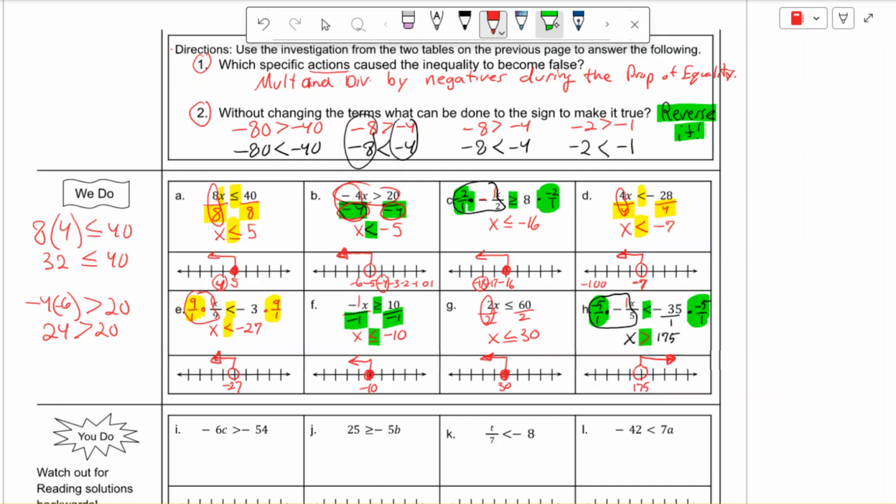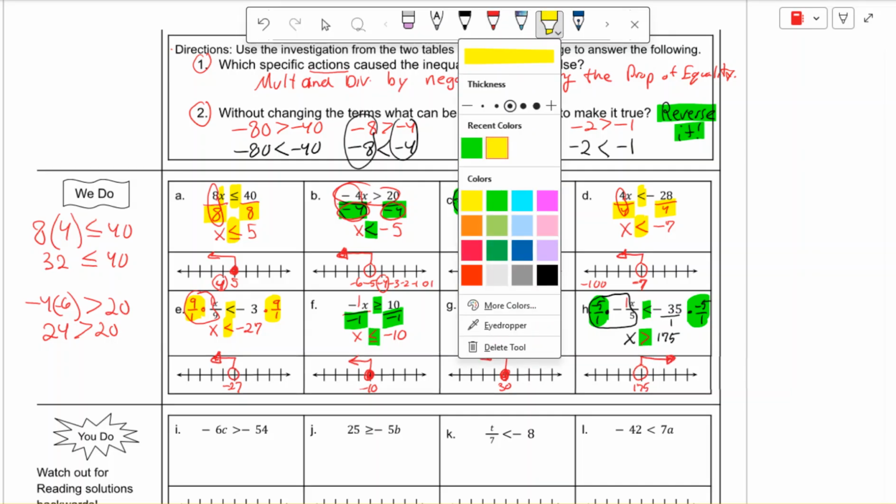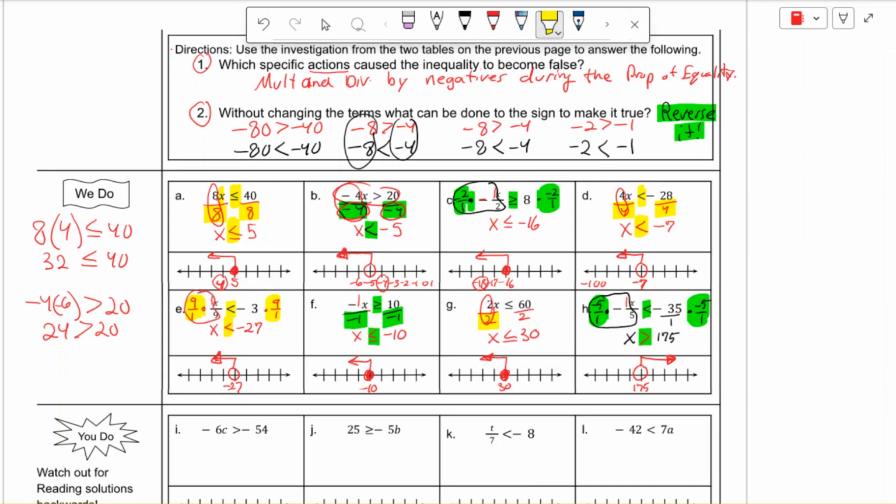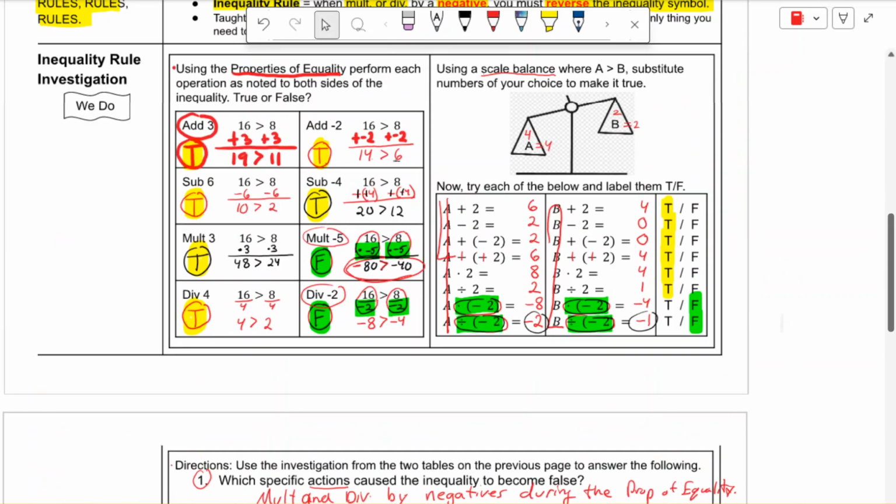So on our last question, you saw that we divided by a positive on both sides, and the sign did not reverse. Okay, you got loads of examples. You have the investigation on the previous page.